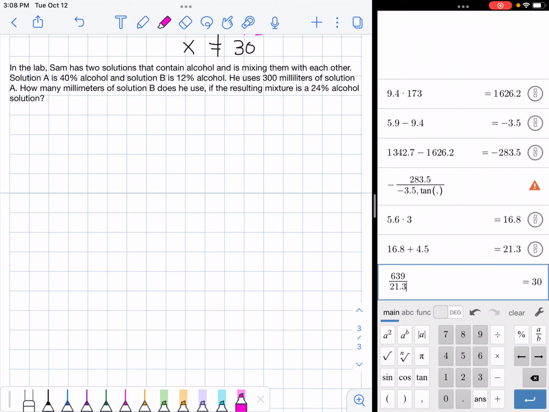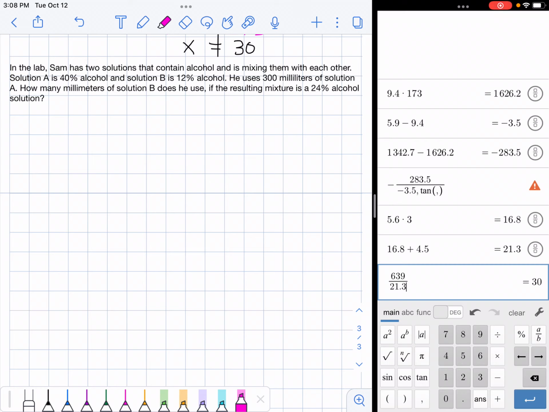So I need to go in here and figure out, again, the two things I'm looking at are solution A and solution B. So those are what I want to write on the top. Let me get my pen when I do my chart.